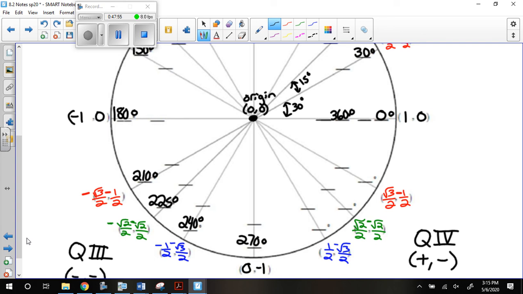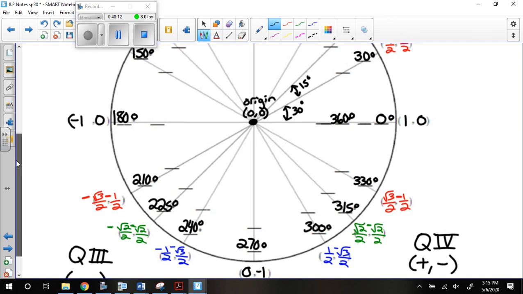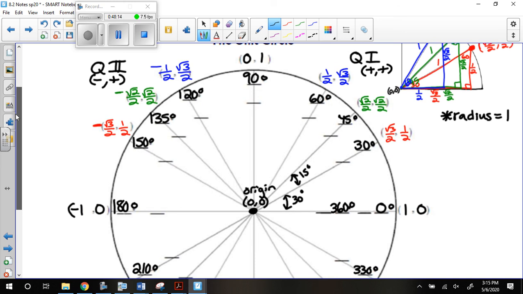Another big chunk, add 30, that's 300 degrees. Little chunk, 315. Little chunk, 330. And then big chunk, 360. Okie doke. So that was our degree measures all the way around.